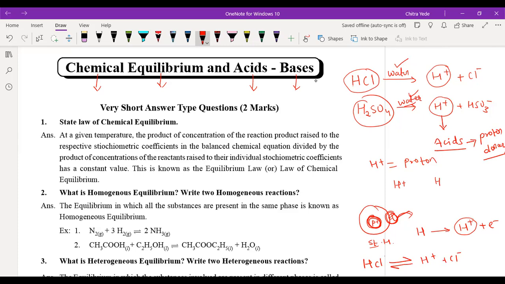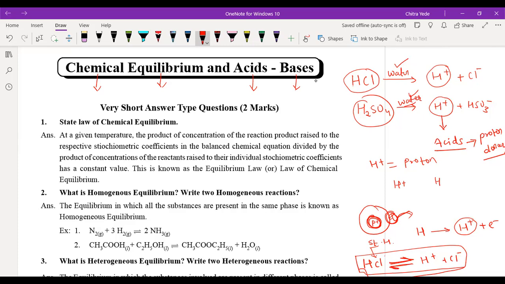Suppose during the dissociation we have kept the temperature constant. After some time, when the saturated solution forms, a time will come when one molecule of HCl breaks down to form H positive and Cl negative ion, and simultaneously one H positive and one Cl negative attract each other to form HCl. So the reaction proceeds in this direction and in this direction at the same time.